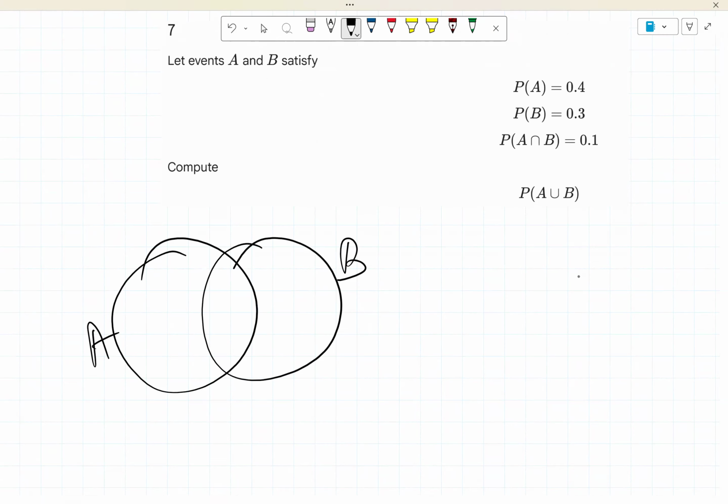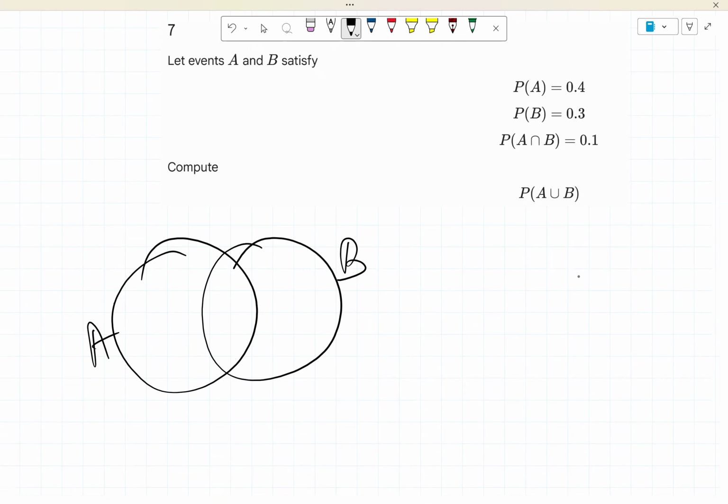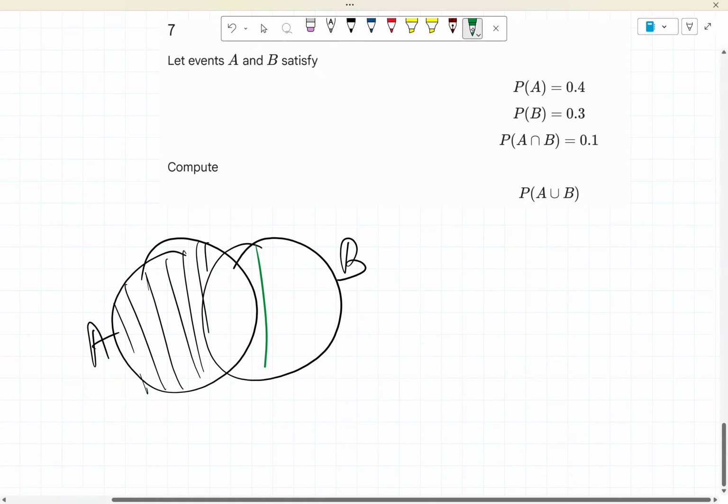So let's say, of course, this region is A, like this. And then this intersection, okay, how do I even put it now? So this is A. Then this is B, that's just B alone, right?